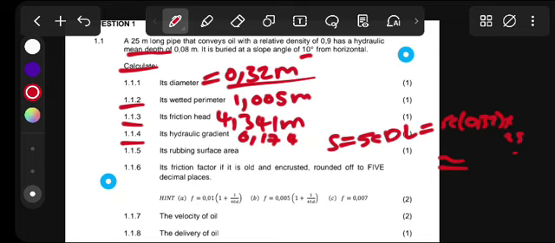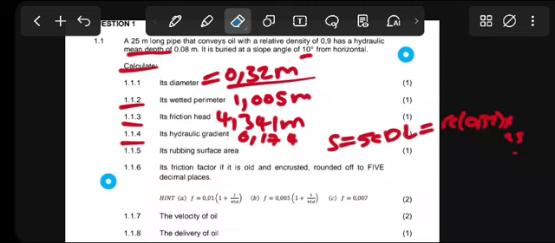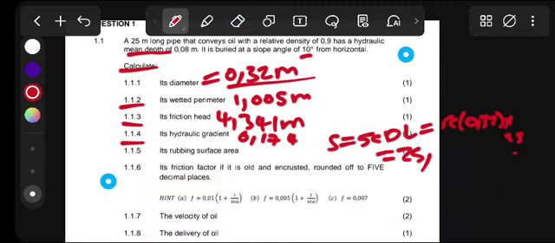if I can say pi times 0.32 times 25. If you punch this, you'll get 25.133.